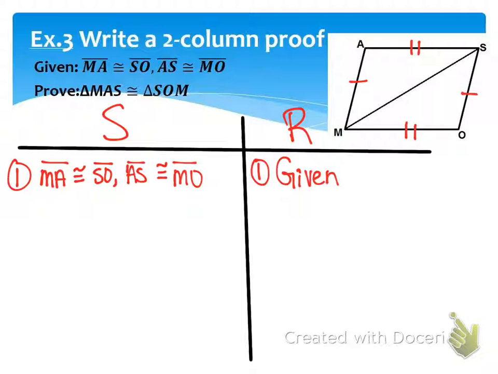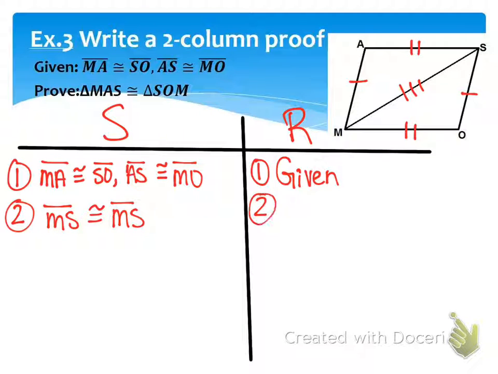Anybody have any ideas of where we need to go next? Ari, what do you think? Very good. If we are going to use this new postulate that we just learned, then we better talk about all the sides. So that means we need to say side MS is congruent to side MS. And I believe I already said it, but what was the reason for that?